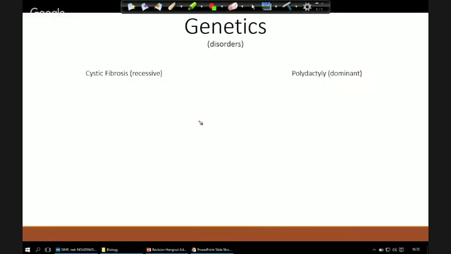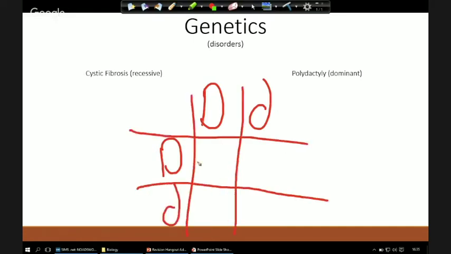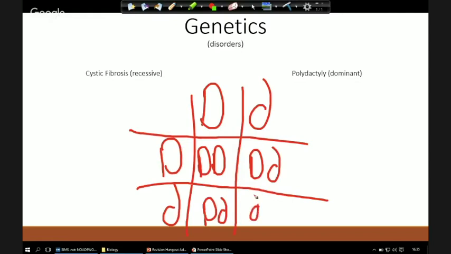That being said, if both people had polydactyly, even if they've only got one allele with it, we would find that we get big D, big D, little d, big D, little d, little d, little d. We're 3 to 1, but in favour of getting it.